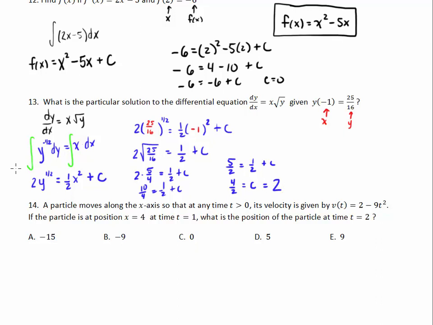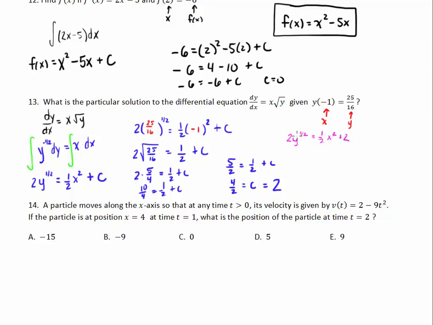So we come back all the way over here. I'll leave those there. That's fine. We spent a lot of real estate solving for that c value. So we've got, let me do this in a different color, 2y to the 1/2 power is equal to 1/2 x squared plus 2.